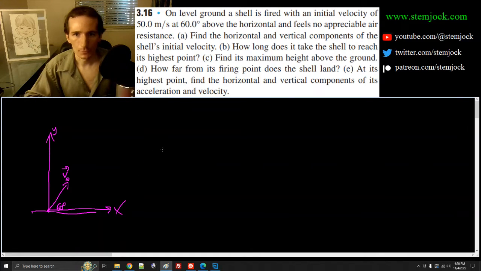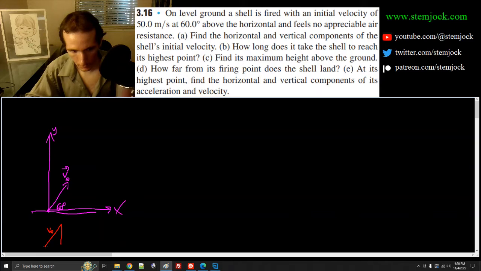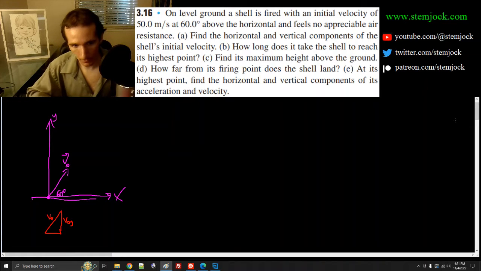So to find the horizontal and vertical components, we have to draw the triangle of the magnitudes. The hypotenuse is going to be v0. The component of the initial velocity along the y-axis is going to be v0y, and the component along the x-axis is going to be v0x.